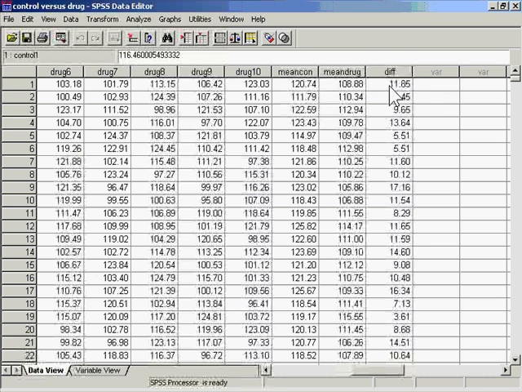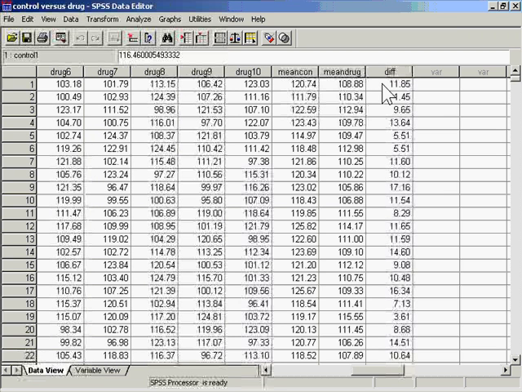And finally, I have a difference here. So this value of 8.5 is equal to the mean for the control, 120.74, minus the mean for the drug, 108.88. And I've copied this function all the way down for all 1,000 of the rows that I've used in the spreadsheet.